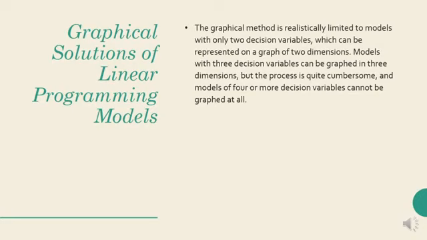Pagka tatlo na, medyo mas mahirap nang gawin, at lalo na pagka nagkaroon ka na ng apat or higit pa na decision variables, ayun talagang hindi mo na magagraph yun, mahirap nang i-graph yun. At kung magagraph mo man, ang hirap makita ng solution. Okay, so later on makikita nyo na dun pa lang sa two decision variables pa lang, medyo mahirap nang gawin. What more pagka 4 or more decision variables, ano? Computer na ang pwedeng makasagot ng ganun.